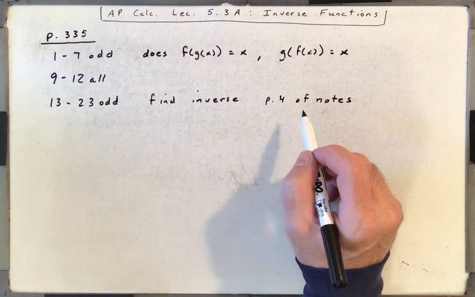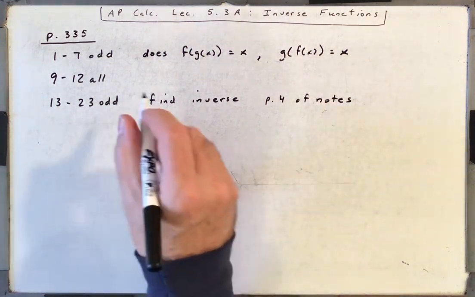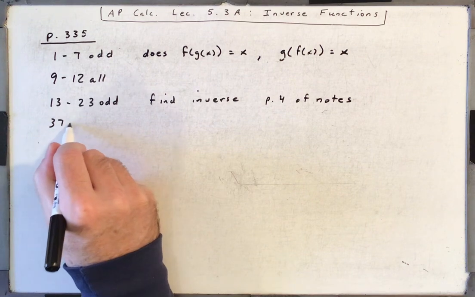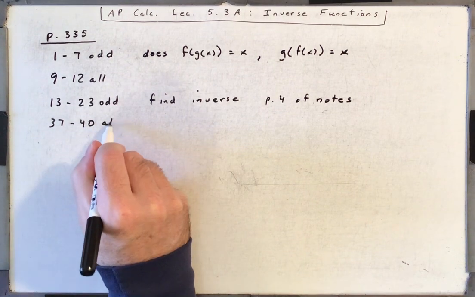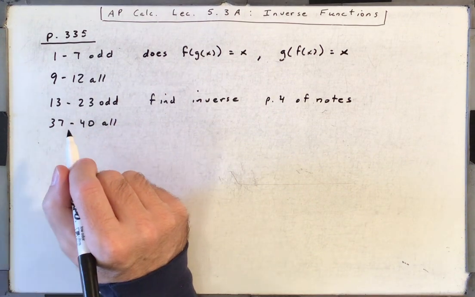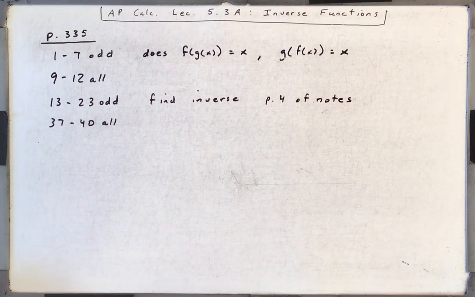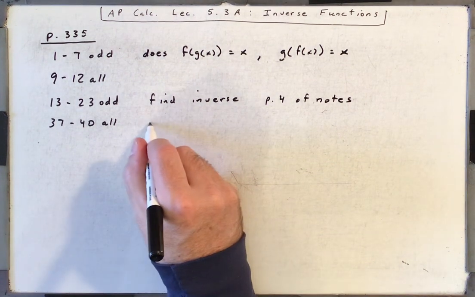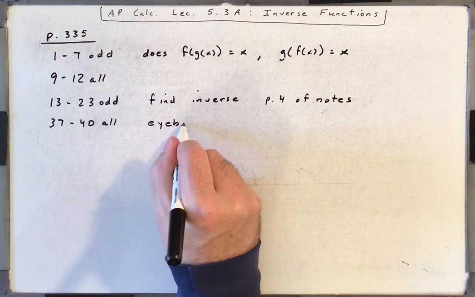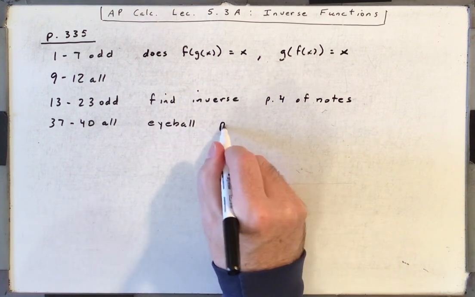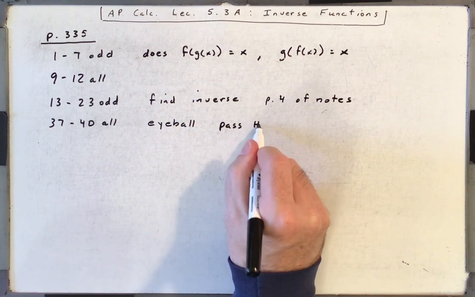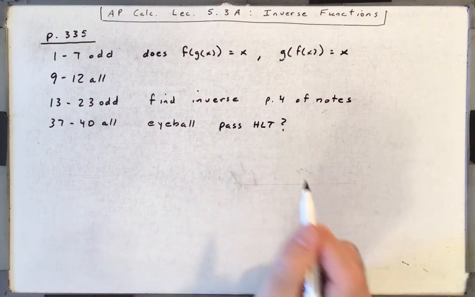So let's see, 37 through 40 all. On those, you're just going to eyeball it. Does it pass the horizontal line test?